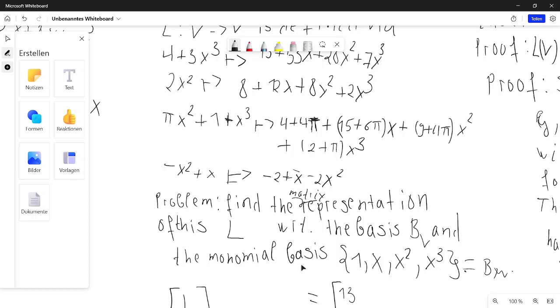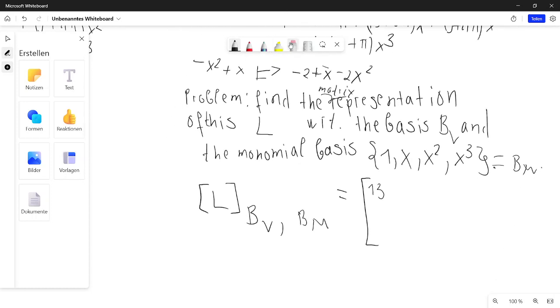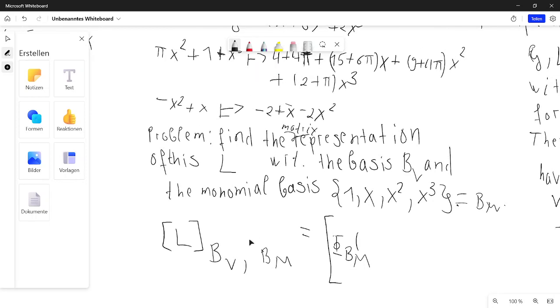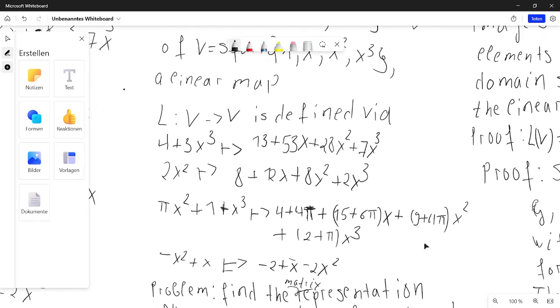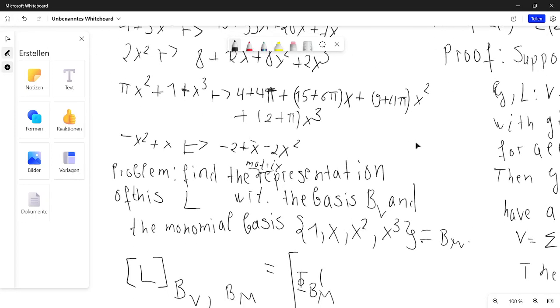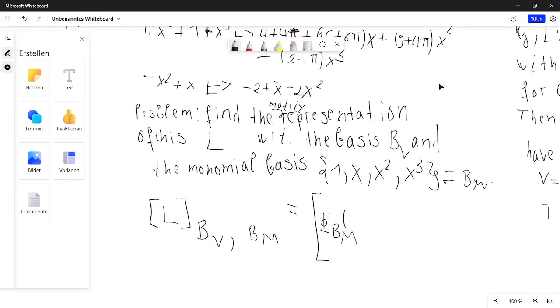And remember, I should probably write it down. Now our W is just V, and our basis for W is BM, as the task asks. So we just have to write BM of whatever.